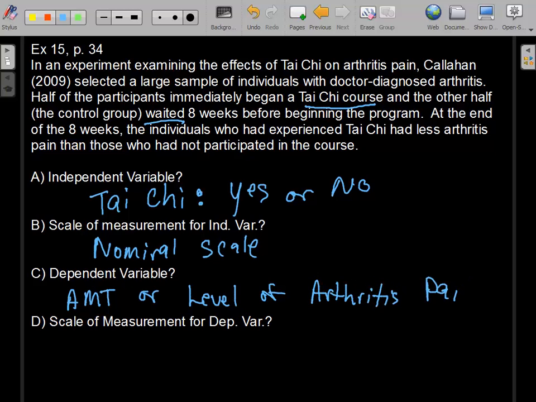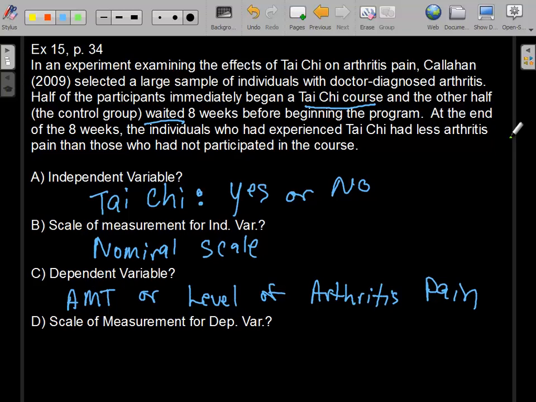Since we weren't given a ranking of pain, or how they're going to measure, we don't have that operational definition. We don't know how they measure less. Did they say the people in the group had less arthritis pain than the average of those who had not participated, or less than when they first gave their ranking, or are they using some other pain indicator like brain activity?